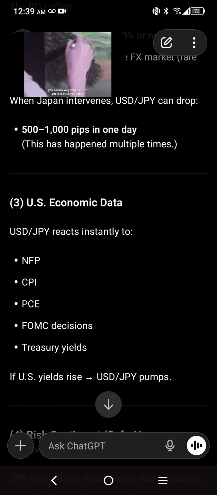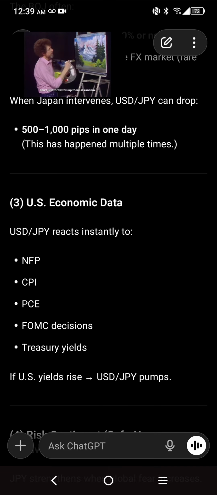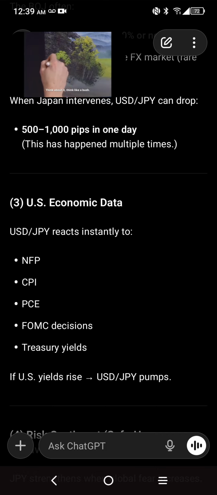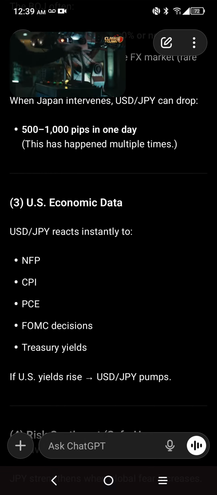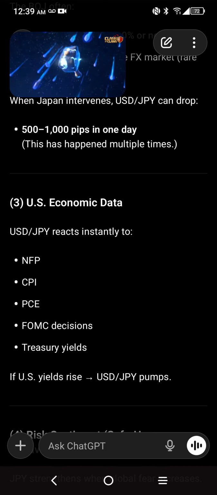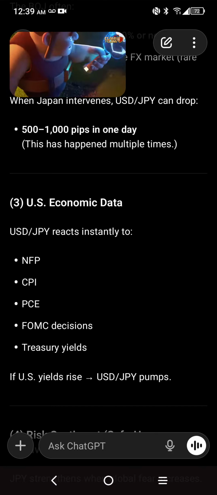Three, U.S. economic data. UJ reacts instantly to non-farm payrolls, NFP, CPI, which is basically the consumer price index. You have PCE, okay, you have FOMC decisions, and you have treasury yields. Like I said in my first video when I was talking about the 10-year bond yields, it reacts to fluctuations in the 10-year bond yield like it is its brother.